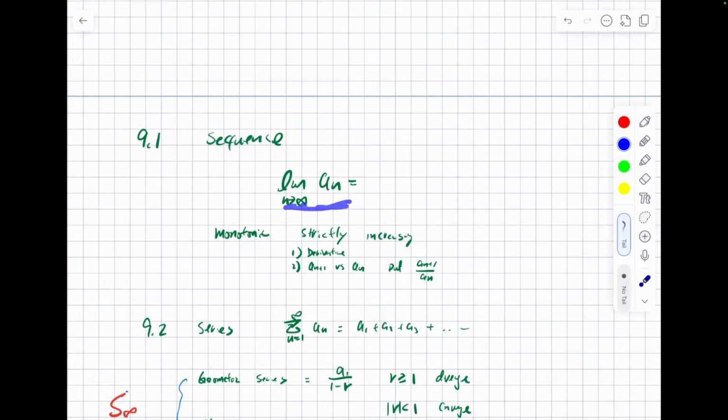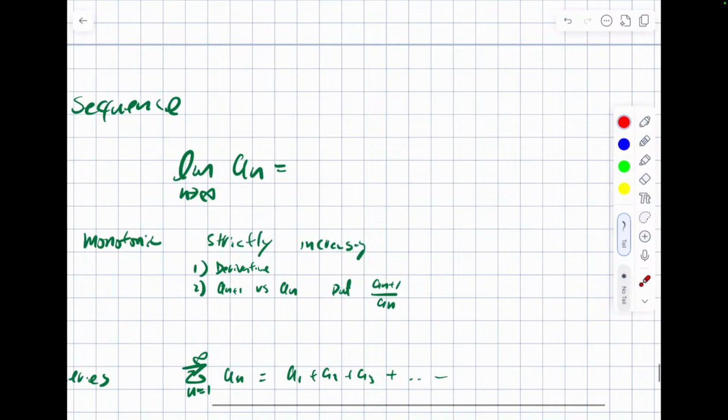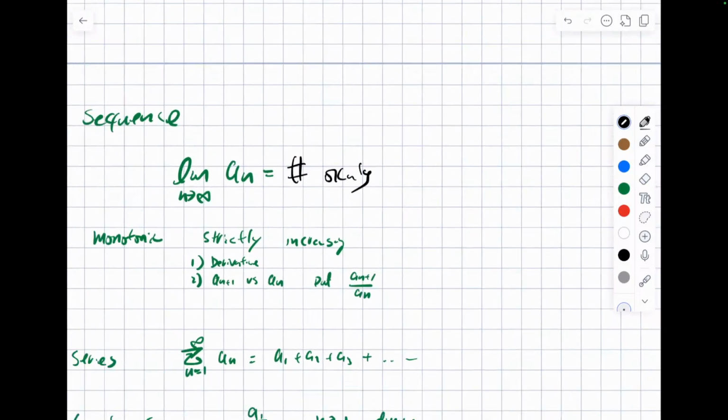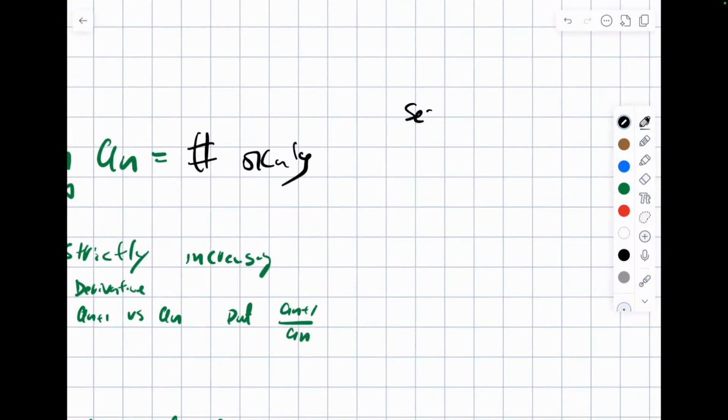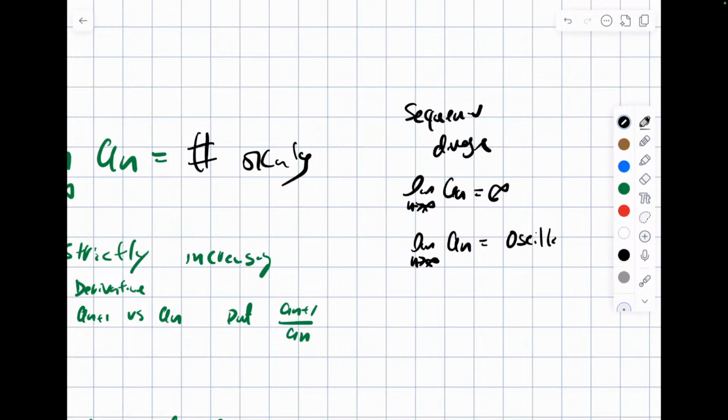Sequence can converge. Oh, by the way, sequence can diverge in two different ways. If the limit equals a number, it's okay, right? That converges to a number. But a sequence can diverge when the limit as n approaches infinity of a_n equals infinity, or when the limit as n approaches infinity of a_n is oscillation.